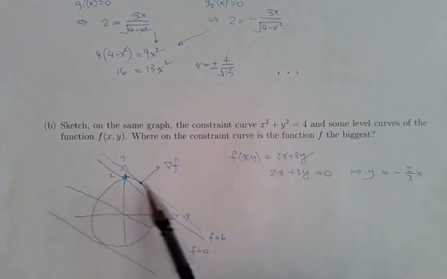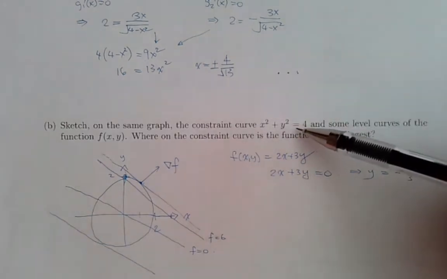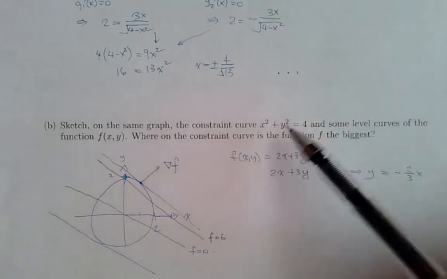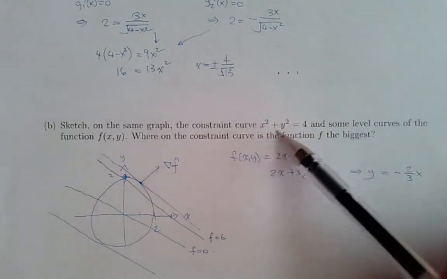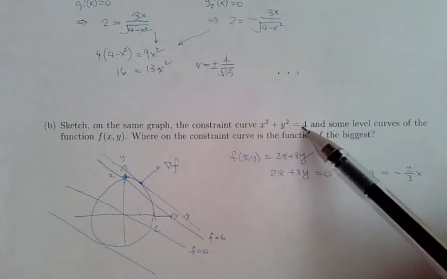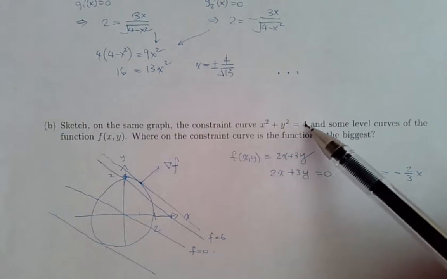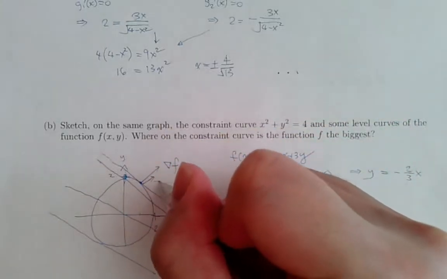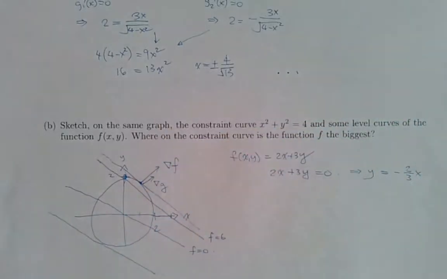But for g, you can think of that as a level curve as well. X squared plus y squared equals k. So our function g is equal to x squared plus y squared, and this is a particular level curve. And for that level curve, we also have a gradient that's orthogonal to that level curve.